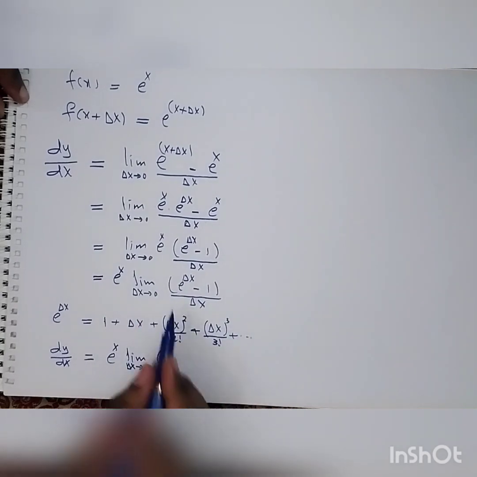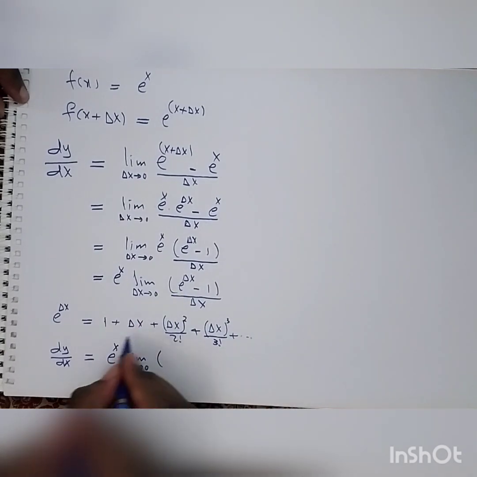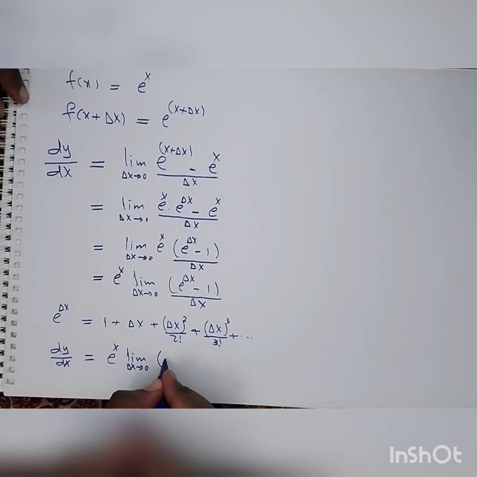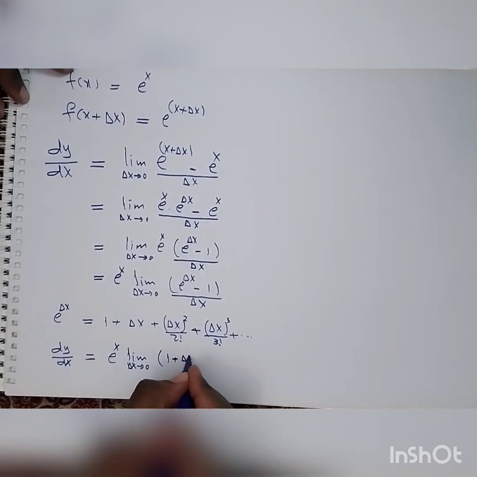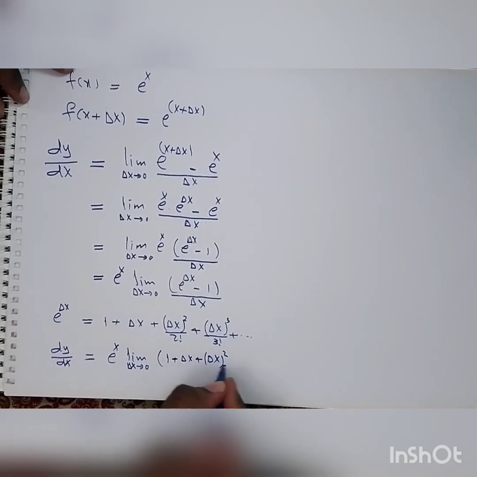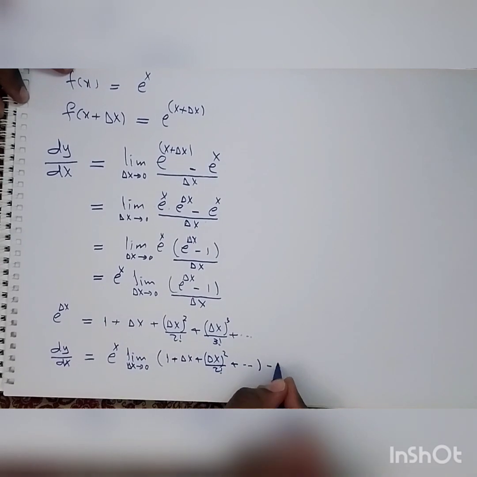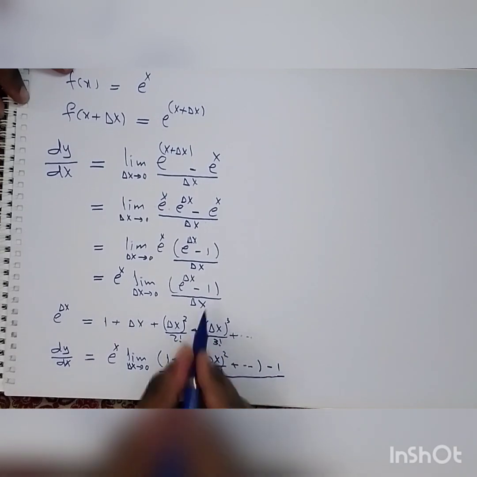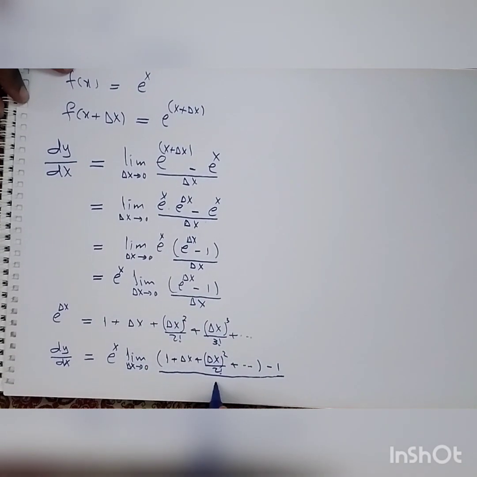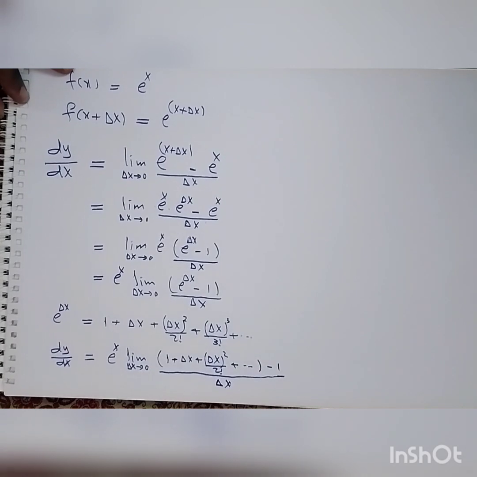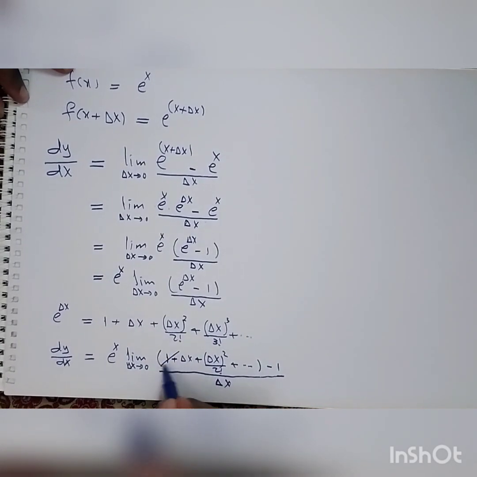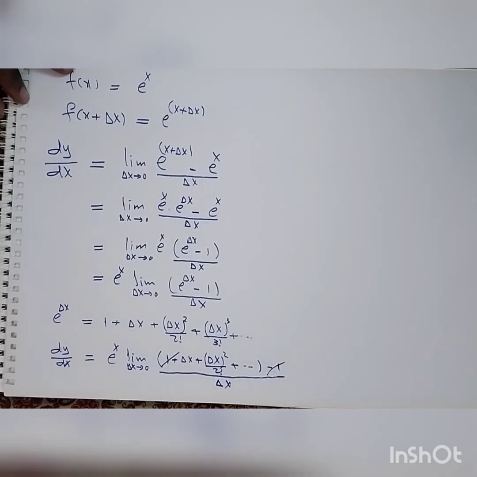Now we replace e to the power delta x by this, so we will have 1 plus delta x plus delta x squared divided by factorial 2 plus and so on. And now we have minus 1. This is negative 1, we just write it here. So everything here is divided by delta x. So you see that this will be cancelled out with this one.